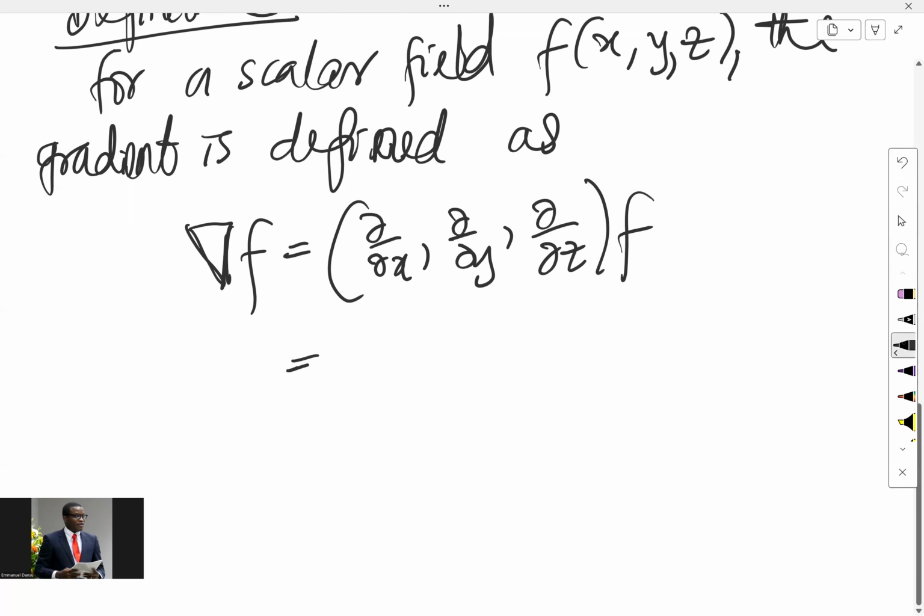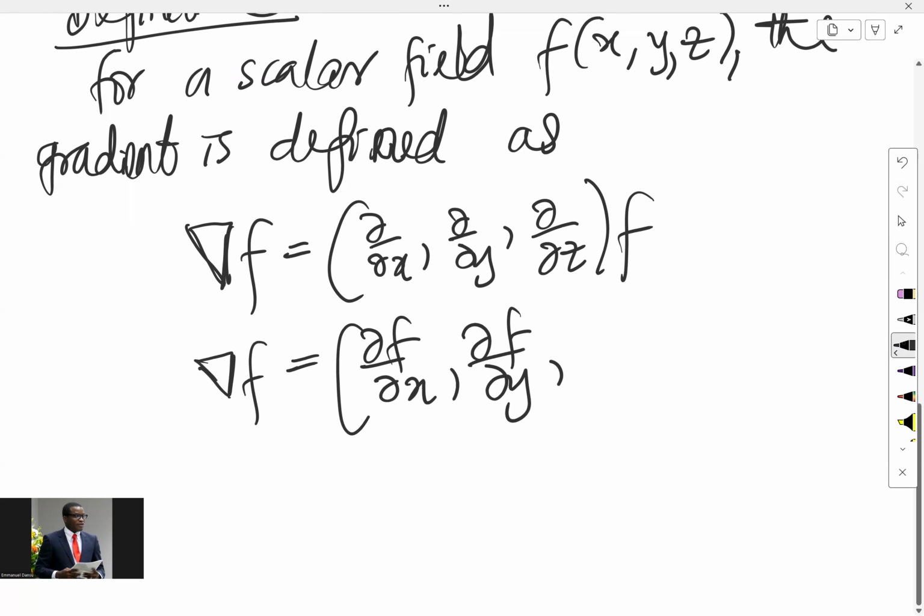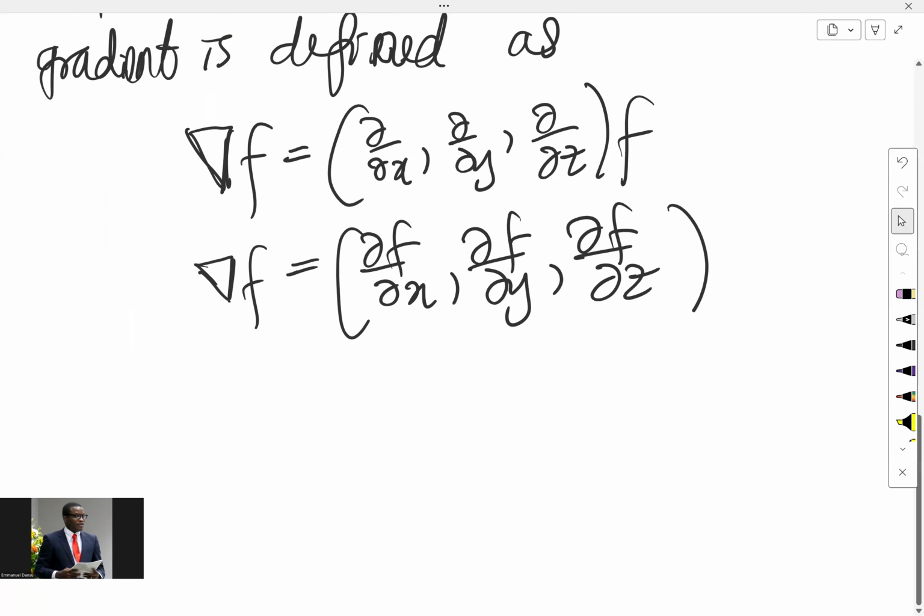That is, nabla f is equal to partial f partial x, partial f partial y, and partial f partial z. So that's the partial derivative with respect to each of the components.